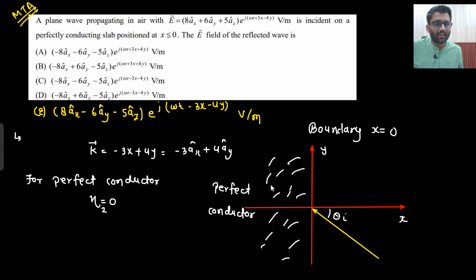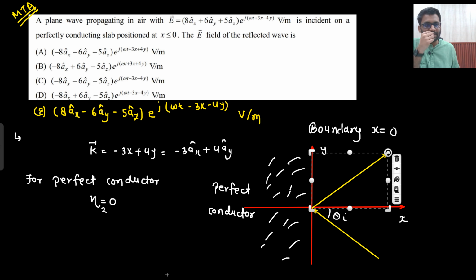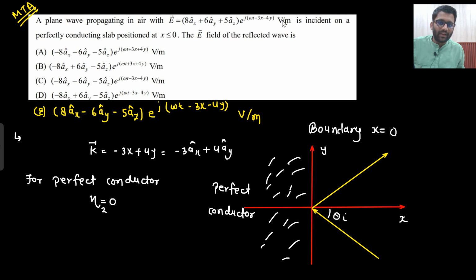Like in a conductor, there can be no electric field, there will be no magnetic field, there will be no EM wave. So in the perfect conductor, there will be no EM wave. So all part will be reflected back. Is that clear to you? This we have already seen in normal incidence. In conductor, there will be no electric field, no magnetic field, nothing. All part will be reflected back. Is that clear? Okay. So minus 3x 4ay.